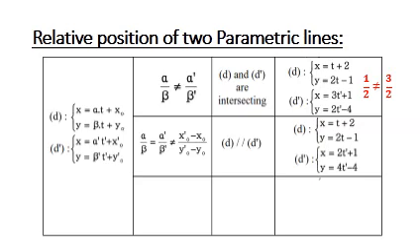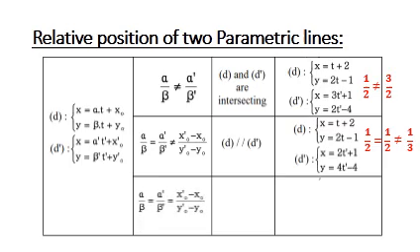It is equal, so they have the same ratio, which is 1 over 2. But they are not equal to the third ratio, 1 over 2 is not equal to minus 4 over 1. So as you see, only the first two are equal, then the two straight lines are parallel.